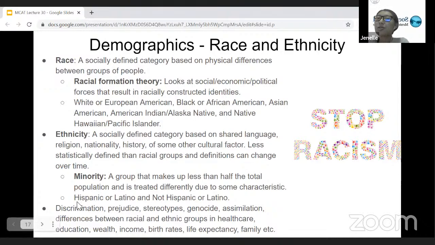Actually, we're going to be going more into discrimination, prejudice, and stereotypes in next week's lecture, where we go a little deeper on how to differentiate between some of these terms, and also what some common ones are, but that's for next week. So this week is just recognizing these stratifications.